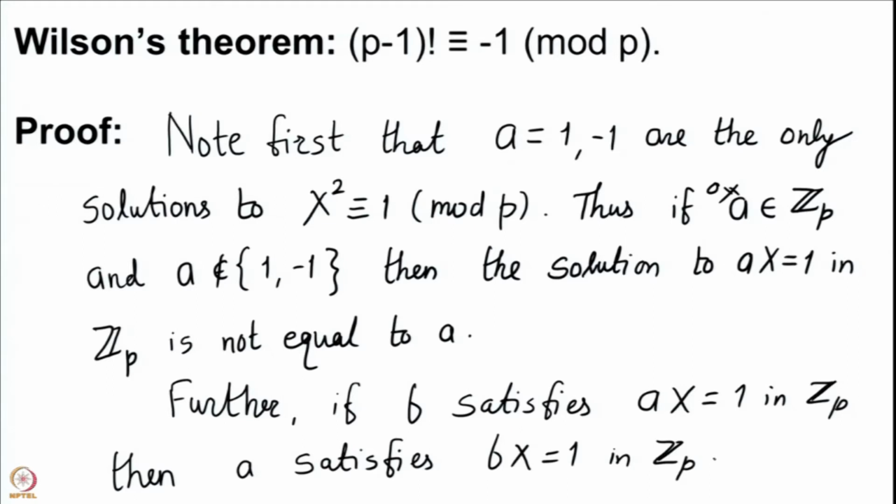Earlier we have seen that ax equal to 1 has a solution other than a, call that solution b. Then you can ask the same question for b. So, you have bx equal to 1, and this has the solution to be the earlier a. So, going back to our example, when we had 5x equal to 1 in Z7, we noted that 3 was the solution. But then if you ask for 3x equal to 1 in Z7, 5 will be the solution.